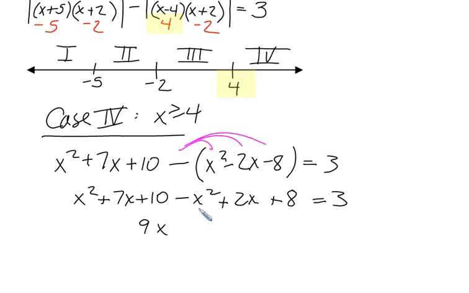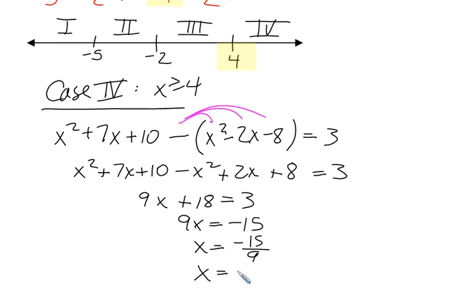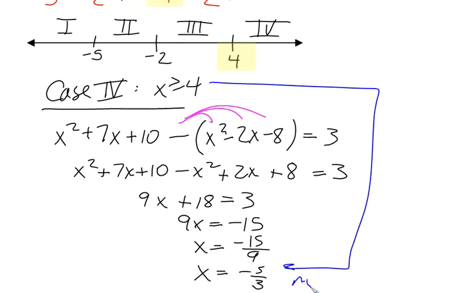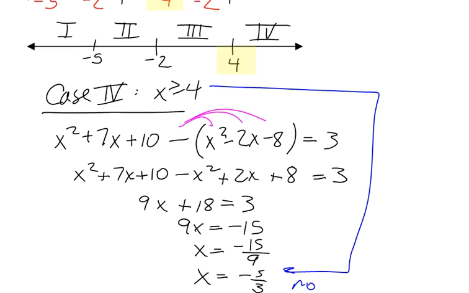We're going to have 9x plus 18 equals 3. 9x is equal to a negative 15. x is negative 15 ninths. This does look eerily familiar to our first case. Divide by 3 and x is negative 5 thirds. Clearly, negative 5 thirds is not greater than or equal to 4, so that is not an answer. And it's not uncommon for one case to mirror another case, so don't freak out if that were to happen.